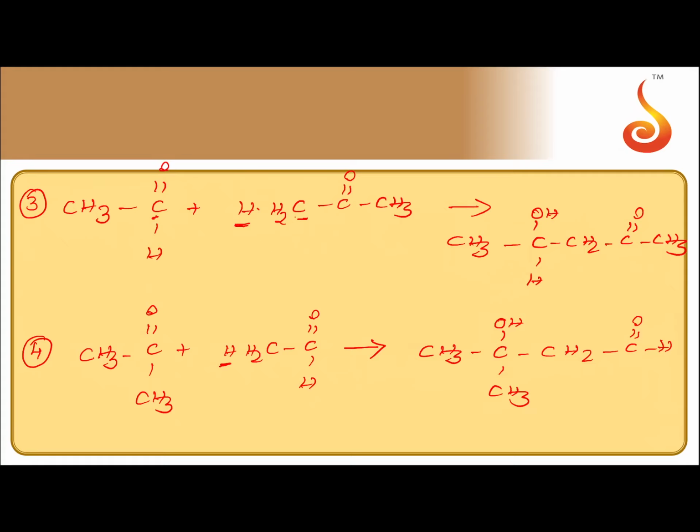In crossed aldol condensation, either both carbonyl groups can have alpha hydrogen atoms, or at least one carbonyl group should have an alpha hydrogen atom. Now let us see if only one carbonyl group is having an alpha hydrogen atom. CH3CHO plus C6H5CHO, with dilute sodium hydroxide on the arrow.